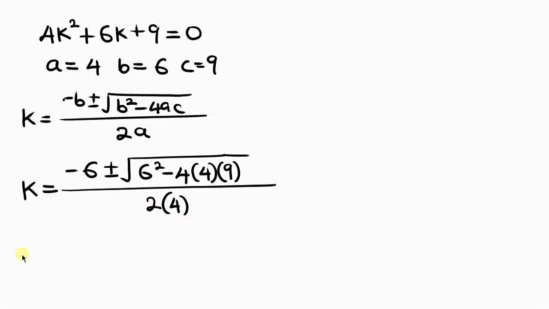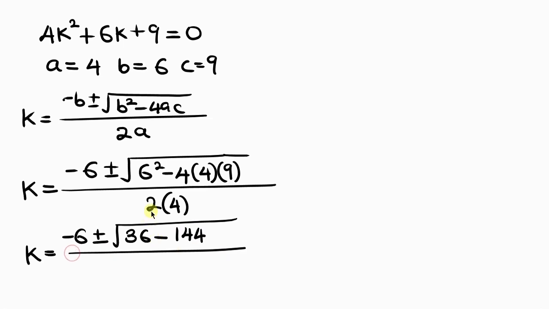So this is k equal to negative 6 plus or minus the square root of 6 squared, which is 36, minus 4 times 4 times 9, which is 144, all over 2 times 4, which is 8.